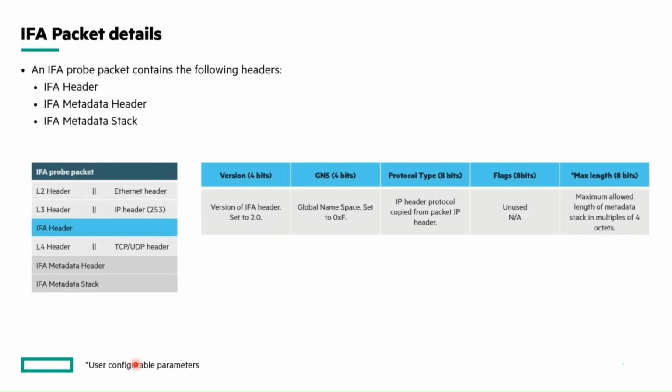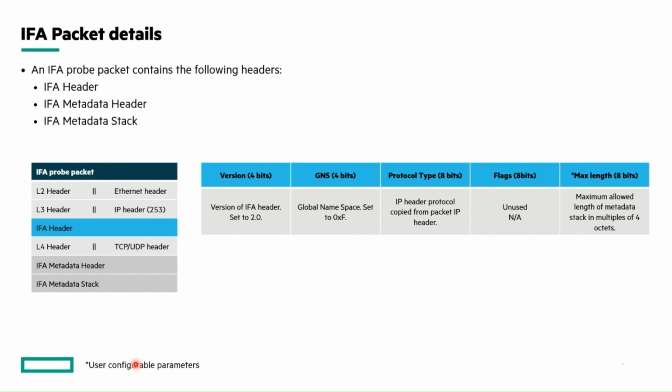So this is about the details of IFA probe packets. Let's dive in and look at what each of these fields really contains. We have three parts of this packet, which are the IFA header, the IFA metadata header, and the IFA metadata stack. The IFA header will contain these 5 fields, where we have version. The version of the IFA header will be set to 2.0, and then global namespace, which is set to 0xF.